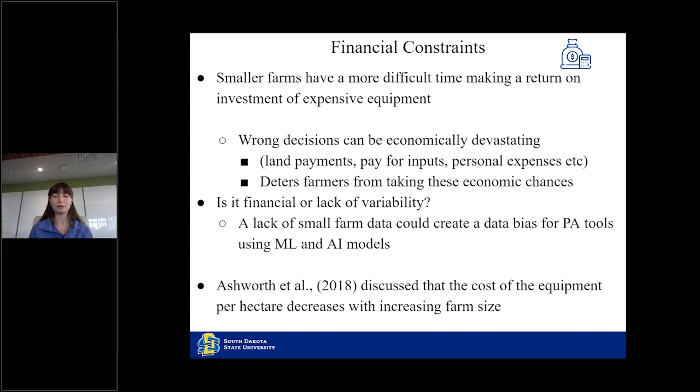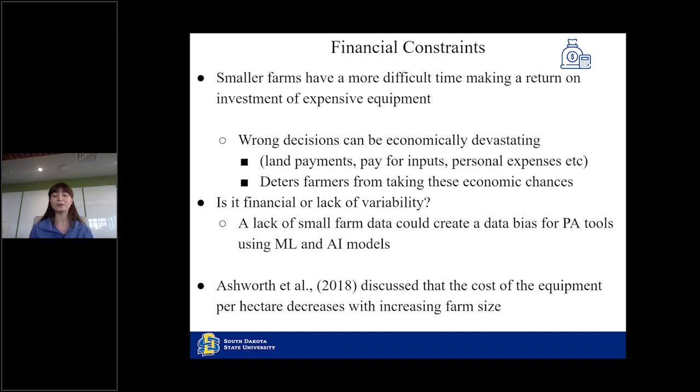And the reason for that is because a lack of small farm data could really create a data bias when it comes to precision agriculture tools, especially with machine learning and AI models. And so this is a barrier that we really need to identify and address so that we can ensure that there is reduced bias in the future precision agriculture tools that we are creating.